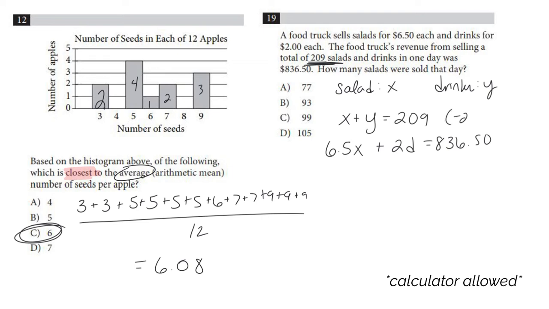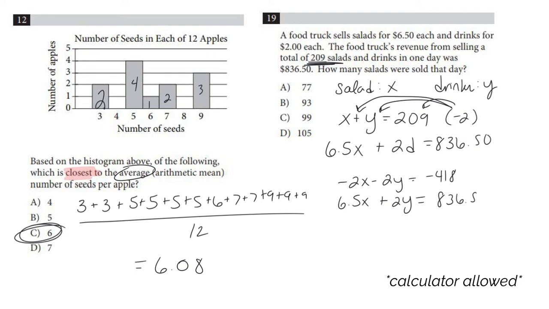I'm going to multiply this top equation by -2, and that's going to give me -2x minus 2y equals -418. I then will have 6.5x plus 2y equals 836.5.